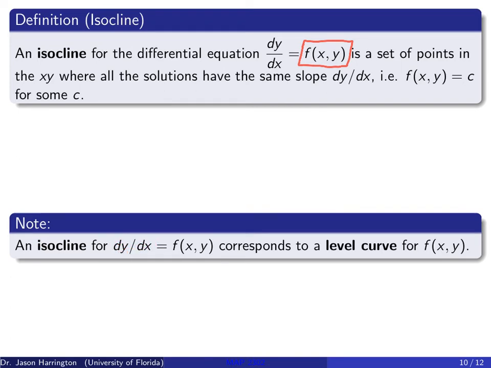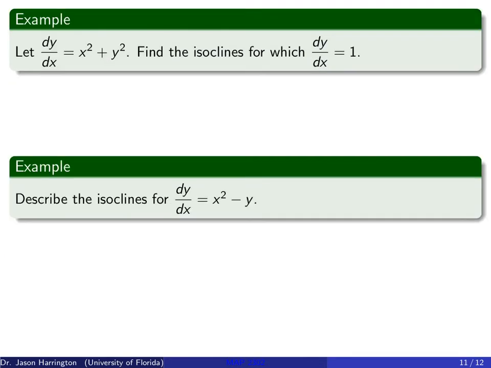But in Calc 3, you ask, well, when is a multivariate function constant? And in this class, believe it or not, they're one and the same. So an isocline for dy over dx is exactly the same as just saying, what's the level curve for f of x comma y? For this example, I'm going to let the ODE just simply be x squared plus y squared. And I want to find the isoclines for which the slope is just 1.